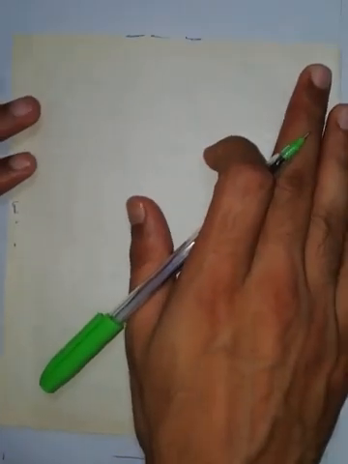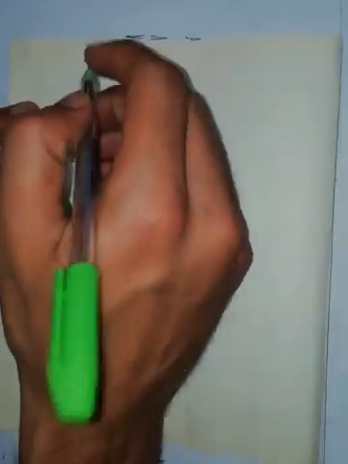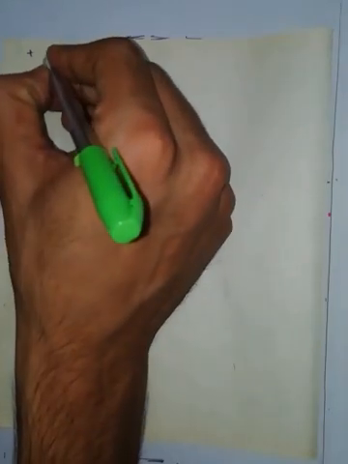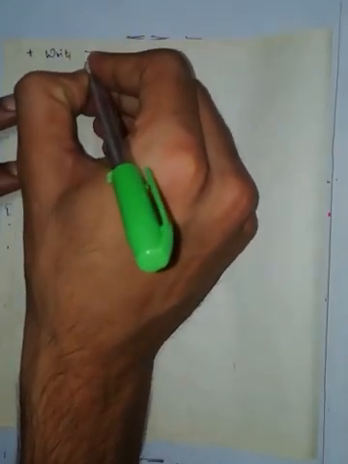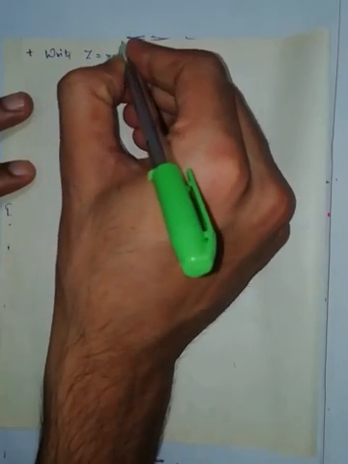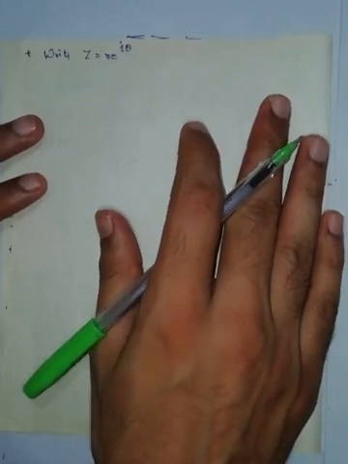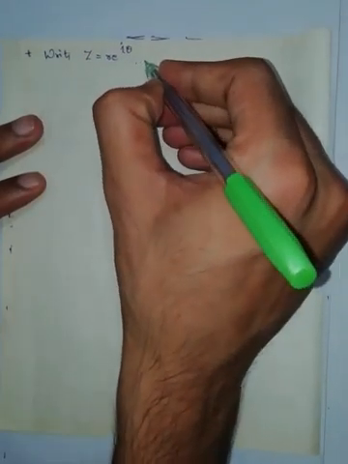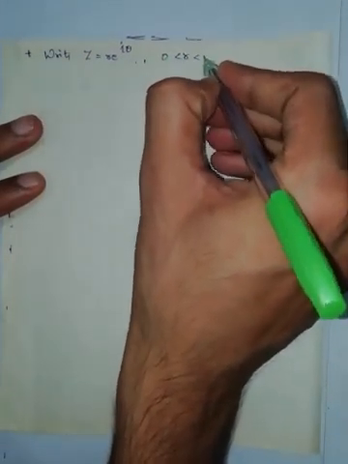Now let us discuss one problem. Write z is equal to r into e to the power of iota theta, where 0 less than r less than 1.